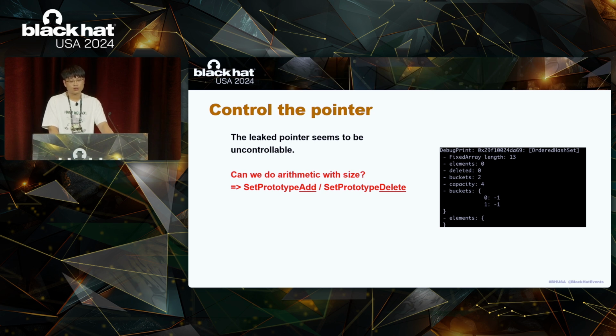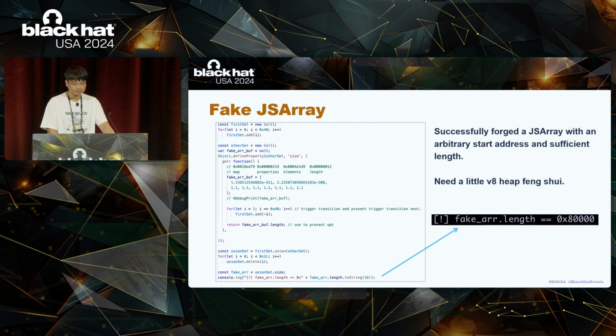If we can control the leaked next table pointer and offset this pointer slightly, the next table pointer in the obsoleted ordered hash set will be offset to user controllable memory, making it easier for us to subsequently fake objects. Once again, since the next table and the size property share the same memory slots in obsoleted ordered hash sets, we can manipulate the next table pointer by adding or deleting elements on this JSSet, which holds this obsoleted ordered hash set.